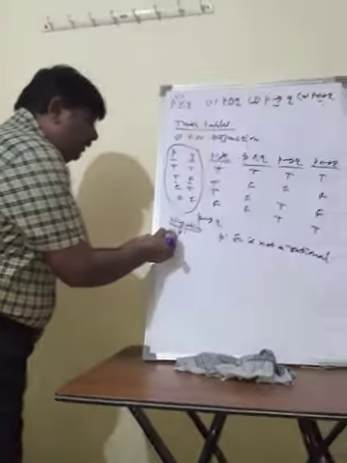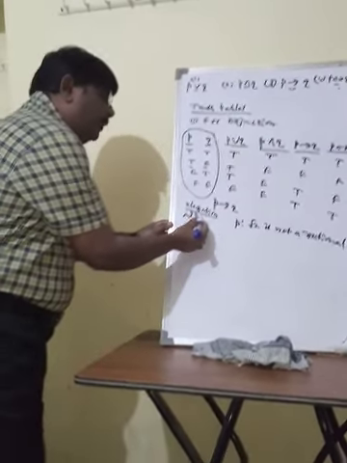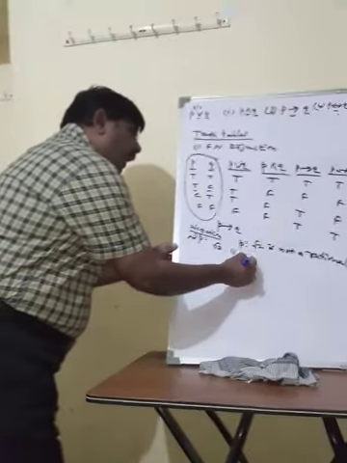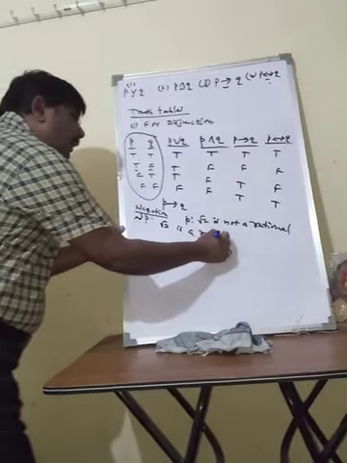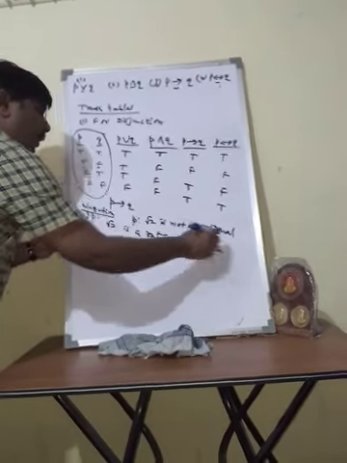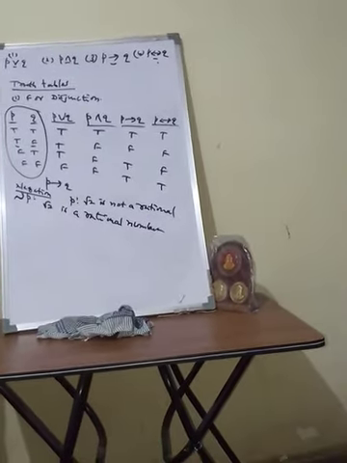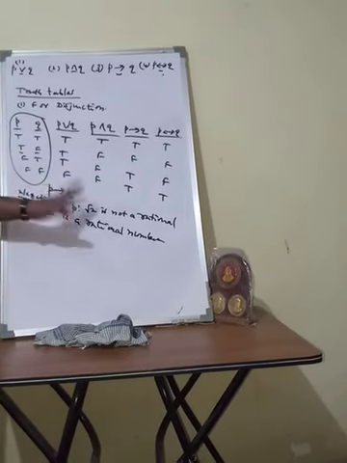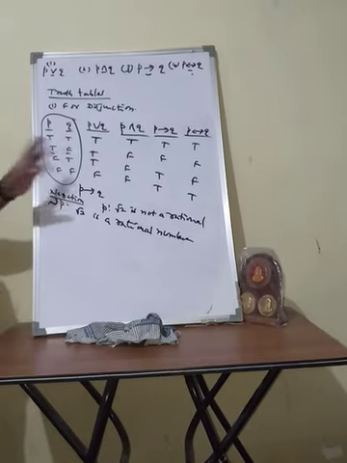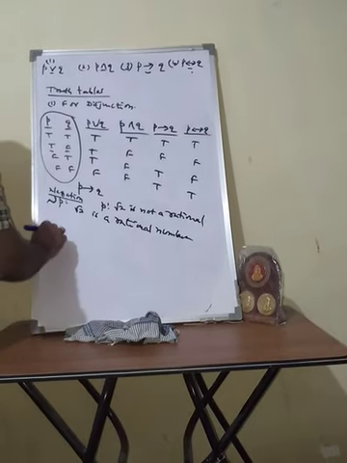Its symbol is this, the negation of P. Then root 2 is a rational number. Because P is, root 2 is not a rational number, its negative is, root 2 is a rational number. Negation of a given simple proposition is the negative of it. So, truth table for negation.